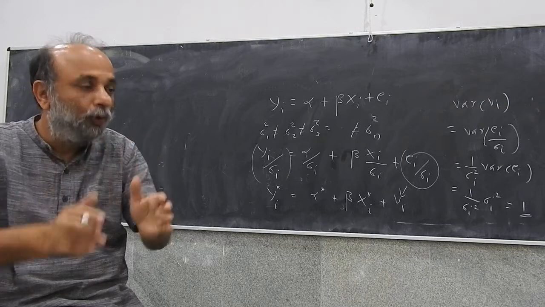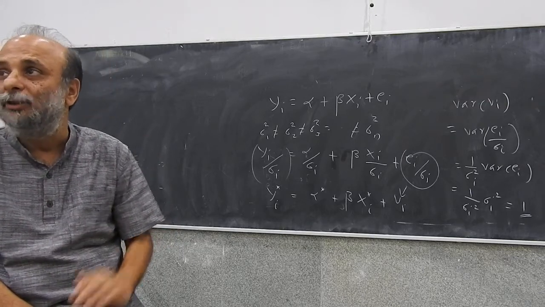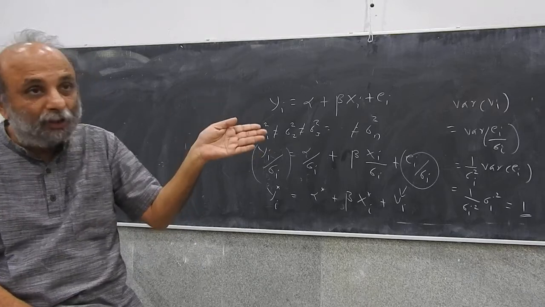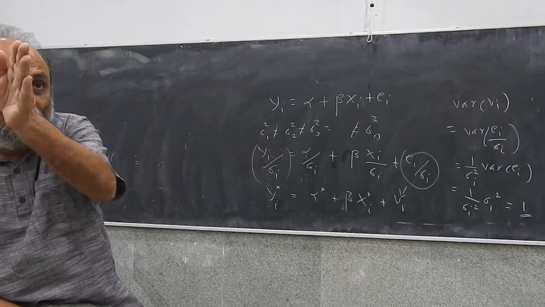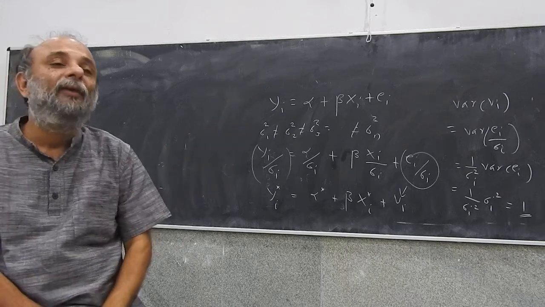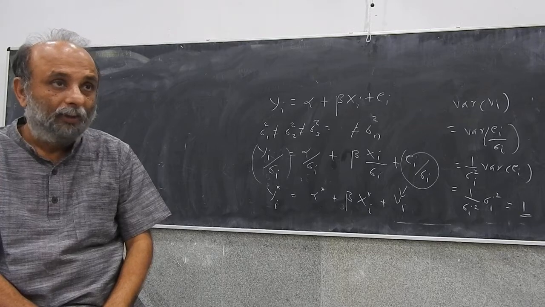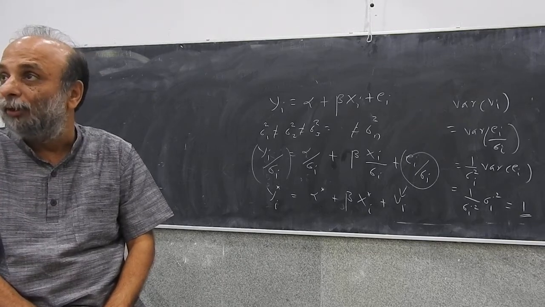So it will be summation xi square upon n, that is summation of the various values of E1 square. So suppose you observed n values of E1, then you will find the variance as summation ei square upon n. Right? Summation ei square upon n.